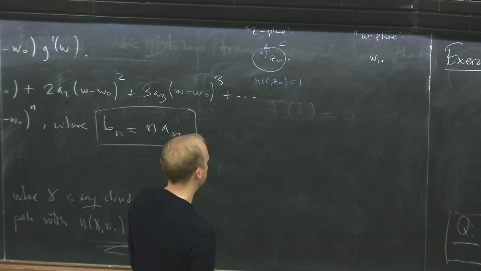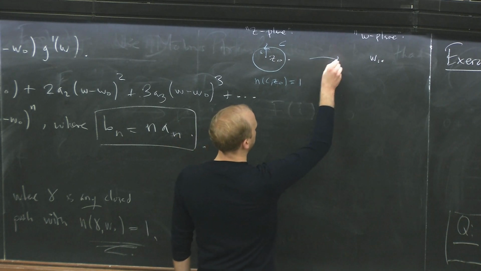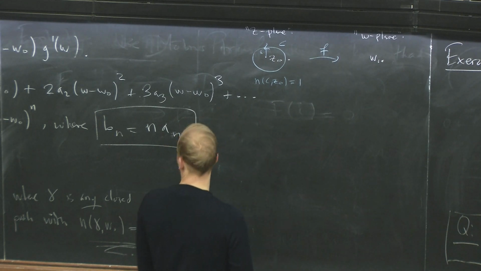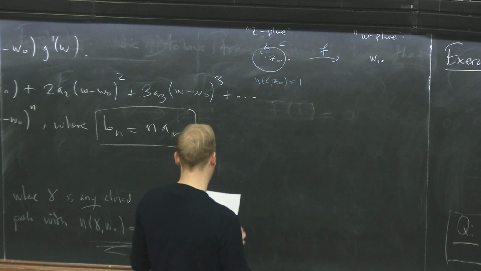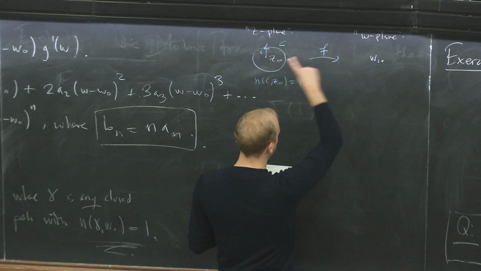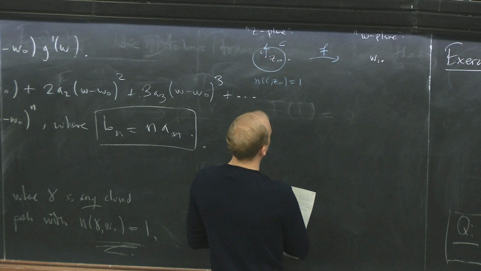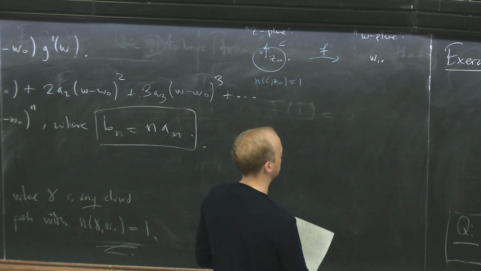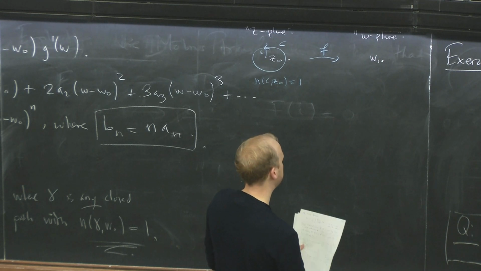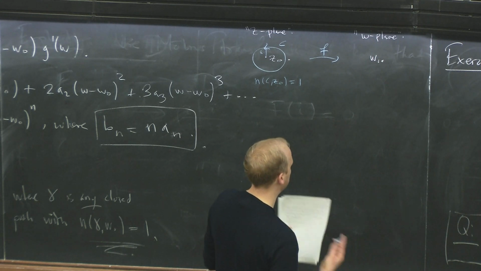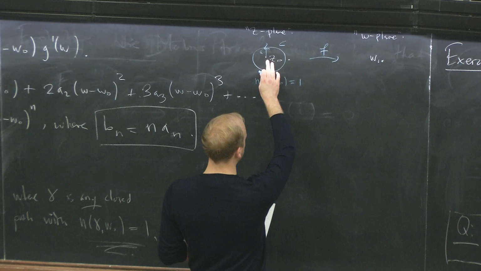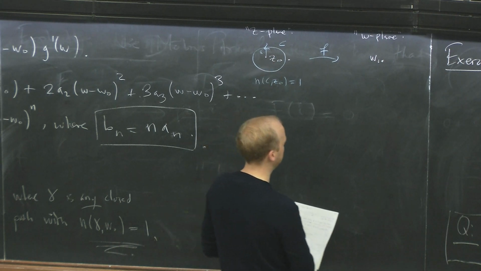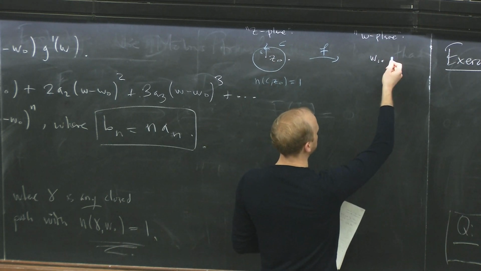But then we look at the image under F. So F was the name of my mapping, right? And G was the inverse of this one. So if I look at the image under F, then it could be a priori something very complicated. I mean, F is just any holomorphic map whose derivative does not vanish in Z0. We had no other hypothesis. So I have to assume that it does something very complicated.